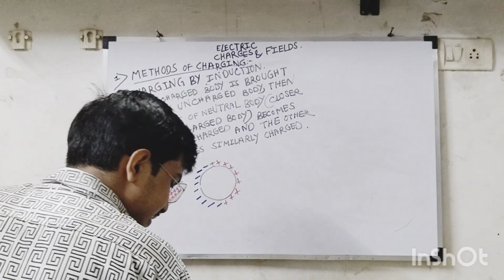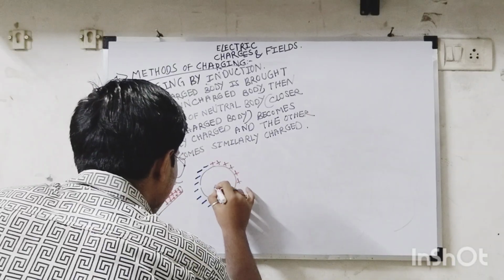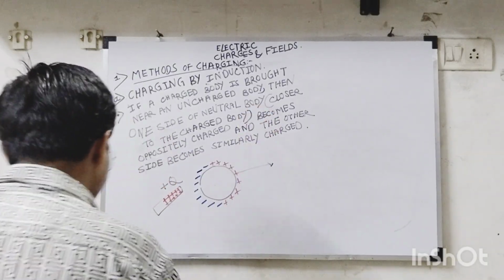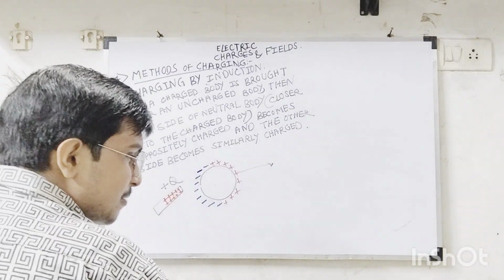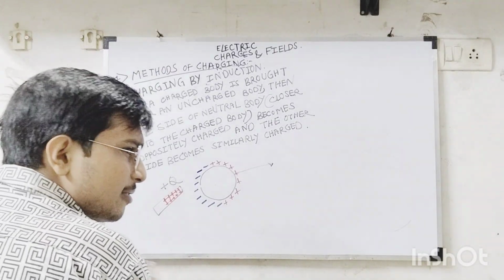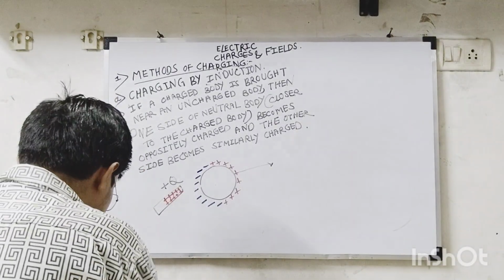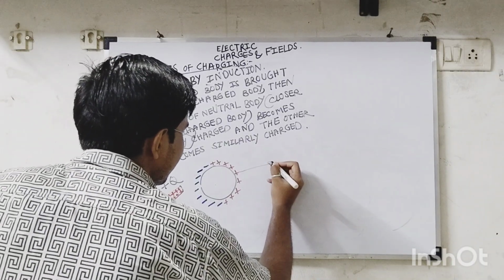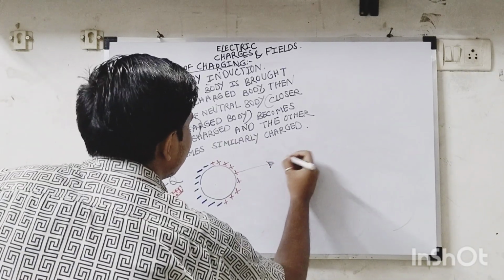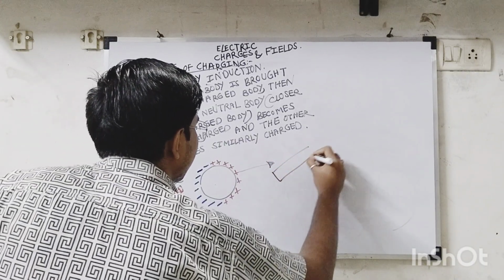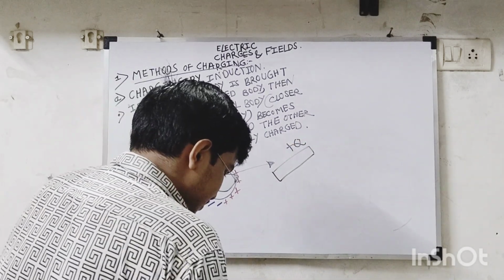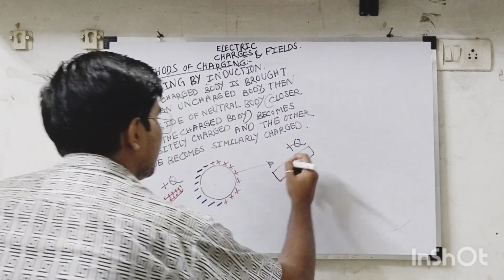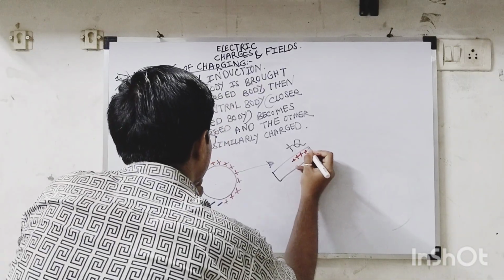Now this conducting sphere is connected to the earth. Now you will ask me, sir, why is it connected to the earth? Let's see why. Again plus Q, plus plus plus plus plus.